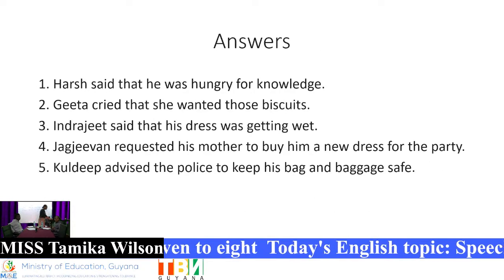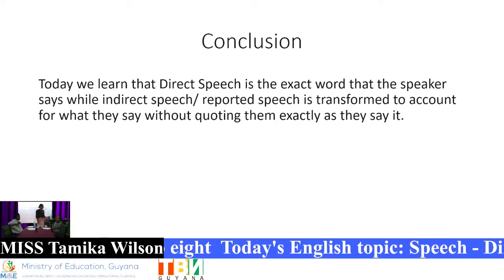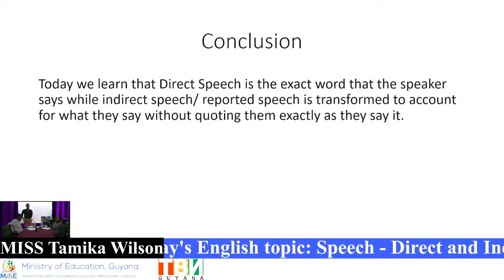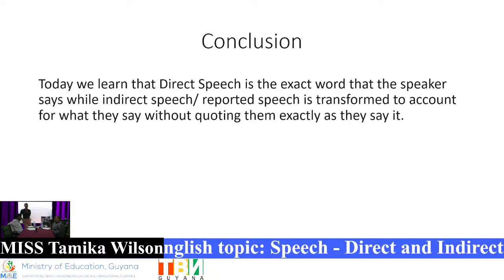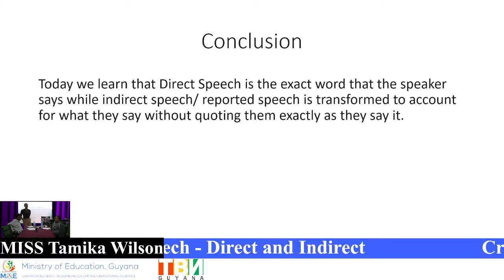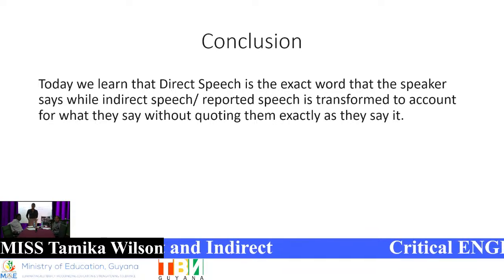All right, so let's look at our conclusion today. What did we learn? We learned that direct speech is the exact word that the speaker says, while indirect speech or reported speech is transformed to account for what they say without quoting exactly as they say it. All right?